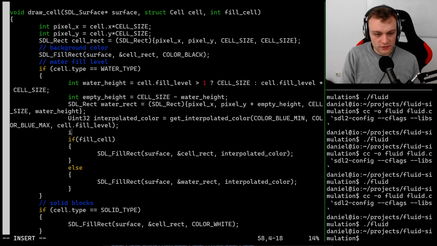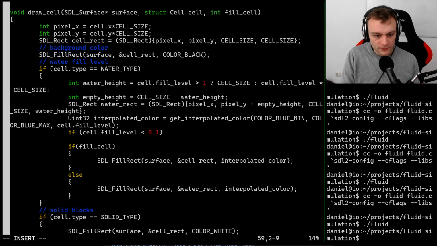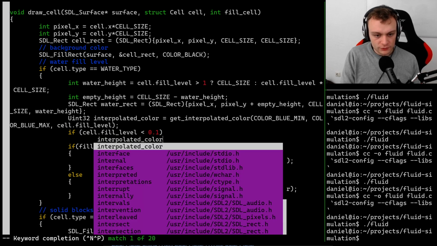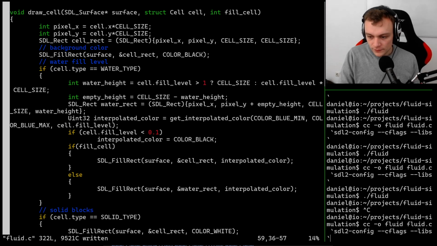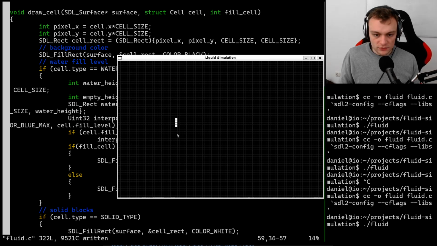Oh no, let's do it here. If the cell.fill level is smaller than 0.05, for example. No, smaller than 0.1. Then interpolated color is going to be color black. Let's see how that looks like.